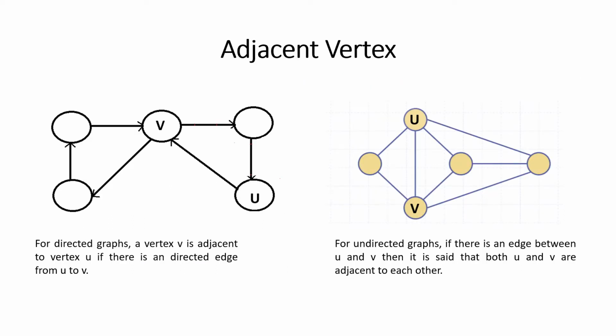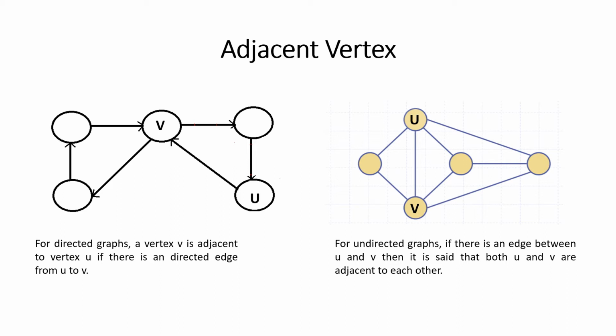Now we will try to understand the meaning of adjacent vertices. For a directed graph, a vertex V is said to be an adjacent vertex of vertex U if there is a directed edge starting from U and ending in V. So in directed graphs, the direction of the edge matters, and also both vertices should share a common edge, or they should be the endpoints of a common edge.